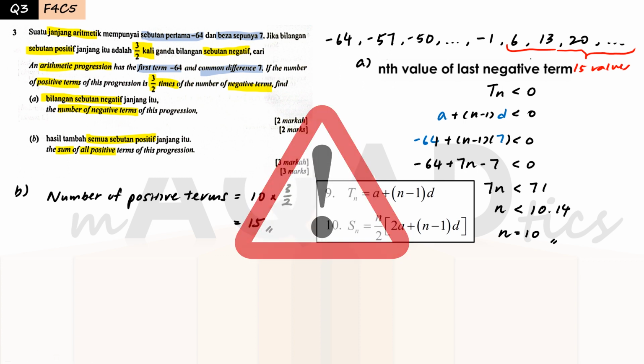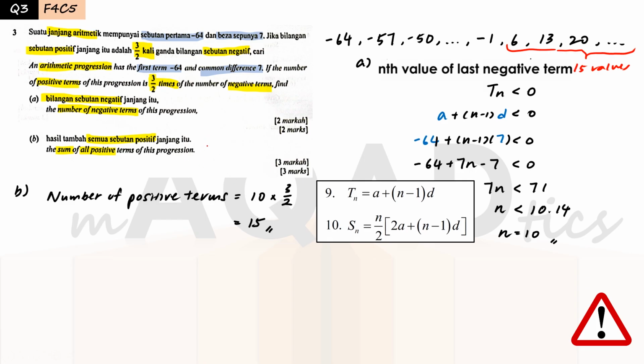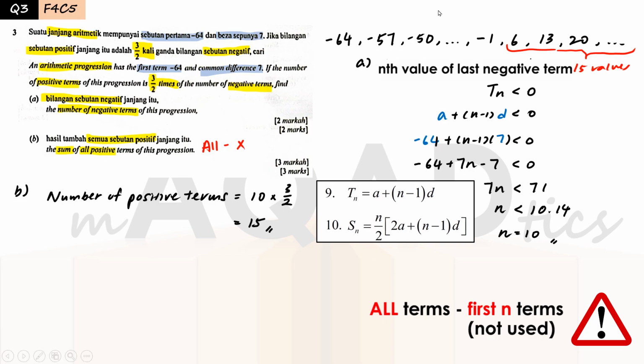A technique is we find the sum of all the terms first, and then I minus out the terms that I don't want. As you can see here, in this sequence we need to exclude the first 10 negative terms, right? The 10 values here.